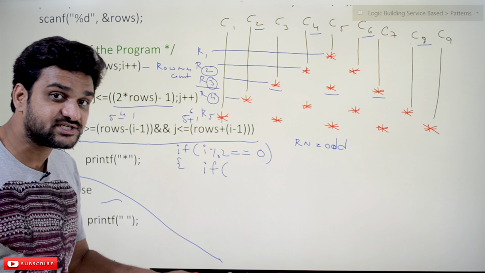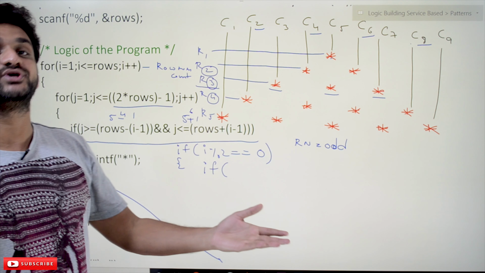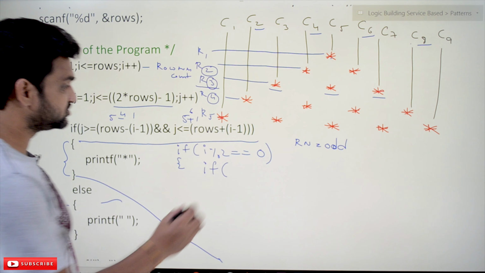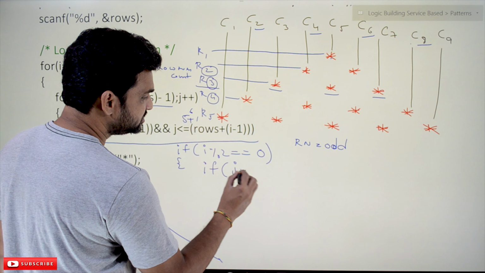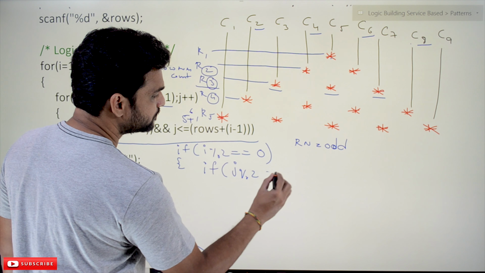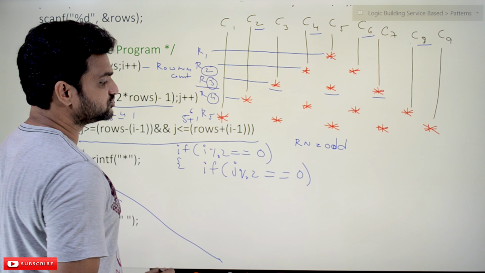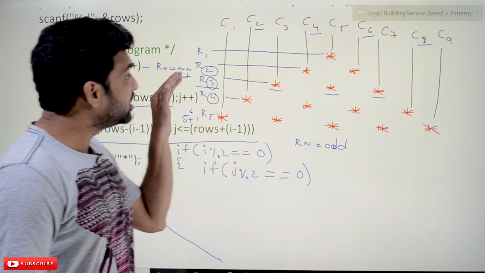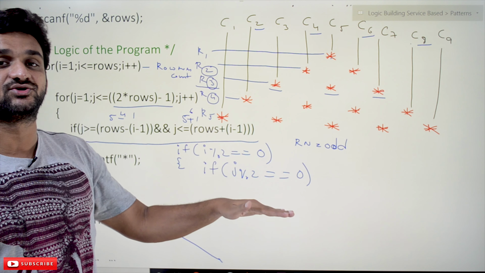What is that condition? If the column number is also even, then only this has to be implemented. If j mod 2 is equal to 0, and the first condition is true, which means we are in an even number row, second row, fourth row, sixth row.